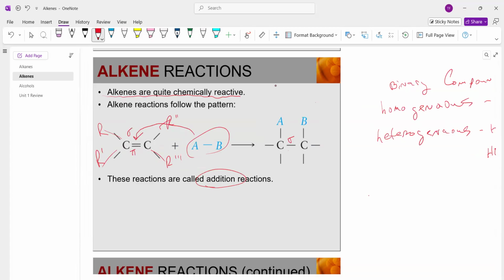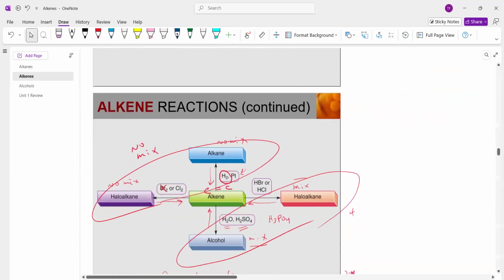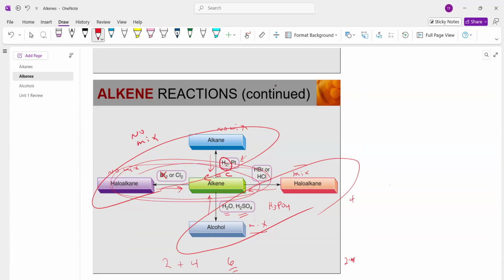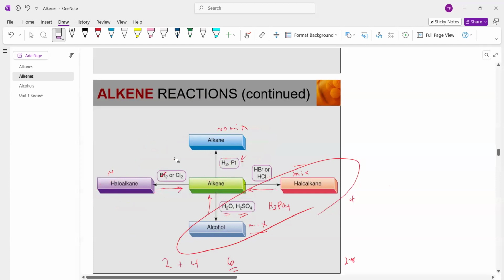Okay, so let's look at the first group, which is going to be the simpler one, the homogeneous additions, which are these guys here.